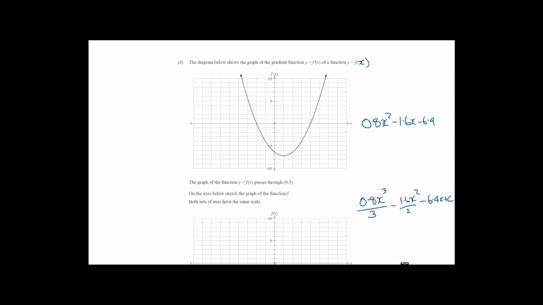So this function that we're going to draw is going to be 0.8 over 3 x cubed minus 1.6 over 2 x squared minus 6.4x plus 3. And then we would put that into our calculator and graph it.